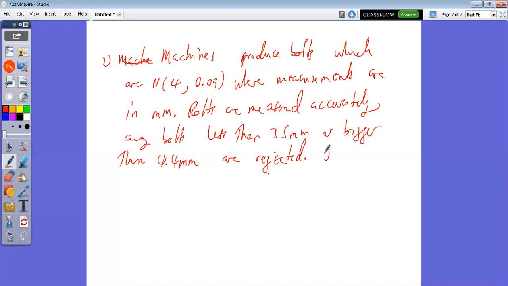Out of 500 bolts, how many would be acceptable?